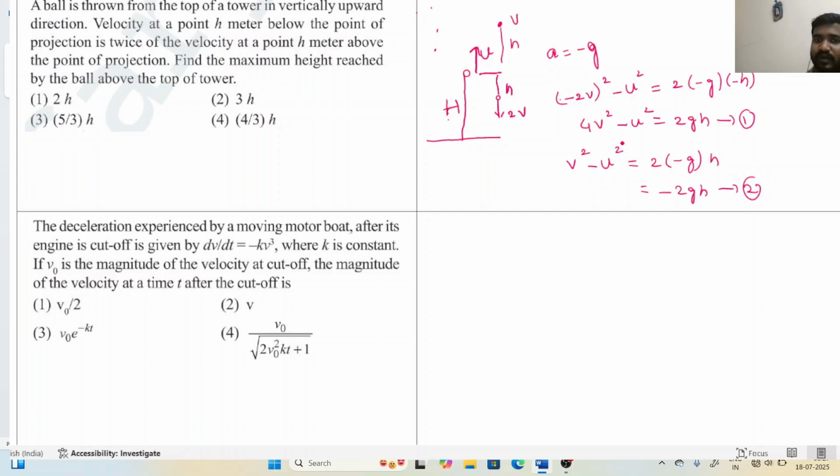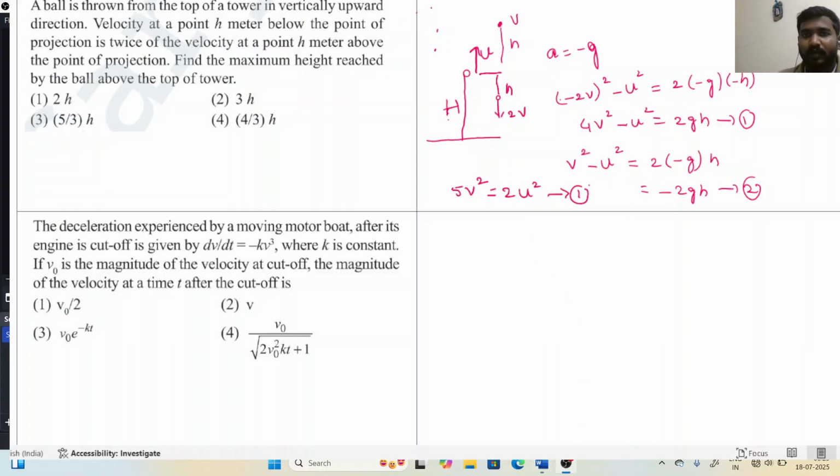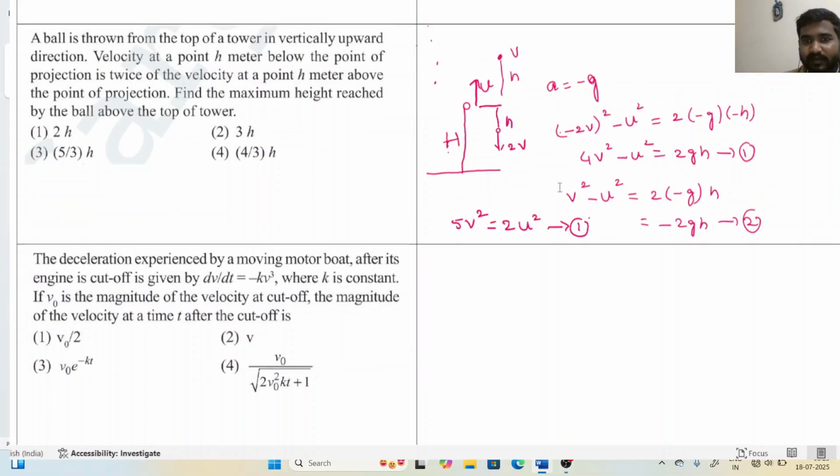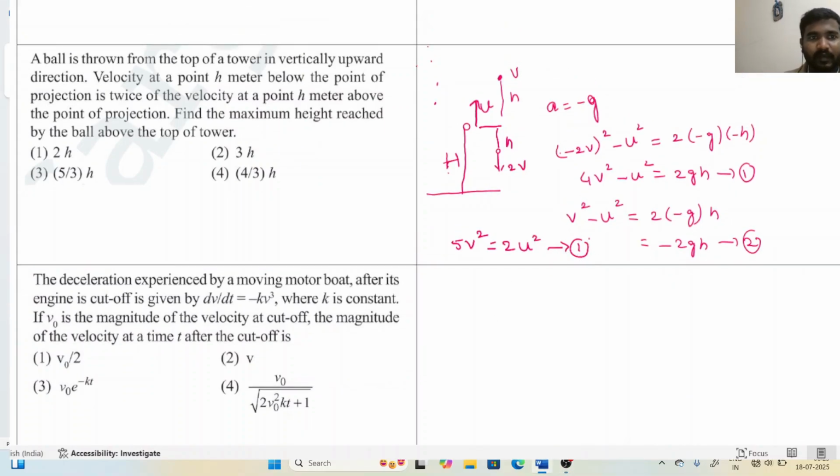Now, if you add equation 1 and equation 2, you get 5 times v square equals 2 times u square. From this equation you can eliminate the v square value, so no need of this equation.